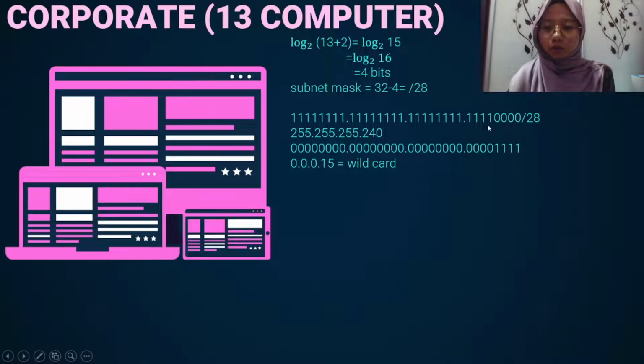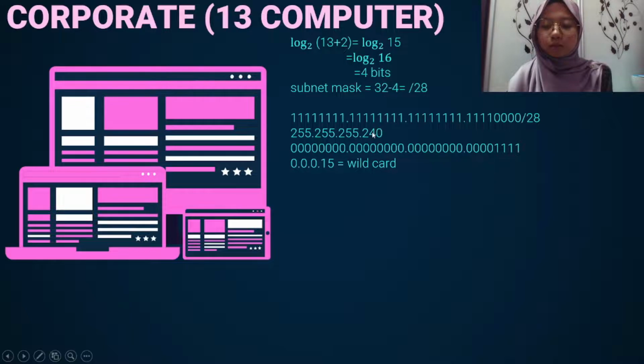Changing to binary, we get this. And then after that we must change to decimal, then we can get 255.255.255.240.